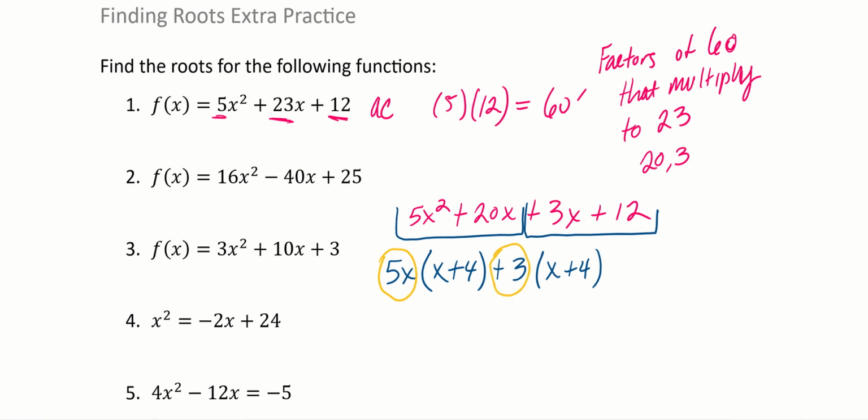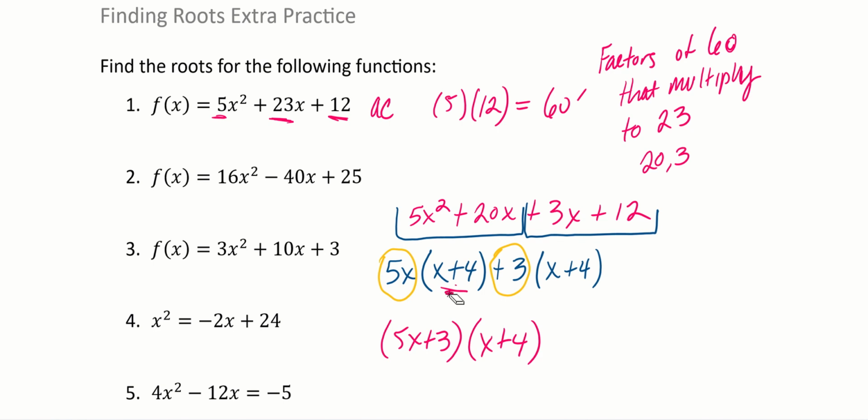So that's going to be down here, 5x plus 3 times x plus 4. So we just took what's outside the parentheses, put them together, and then what's inside the parentheses, we're going to multiply that by the outside.